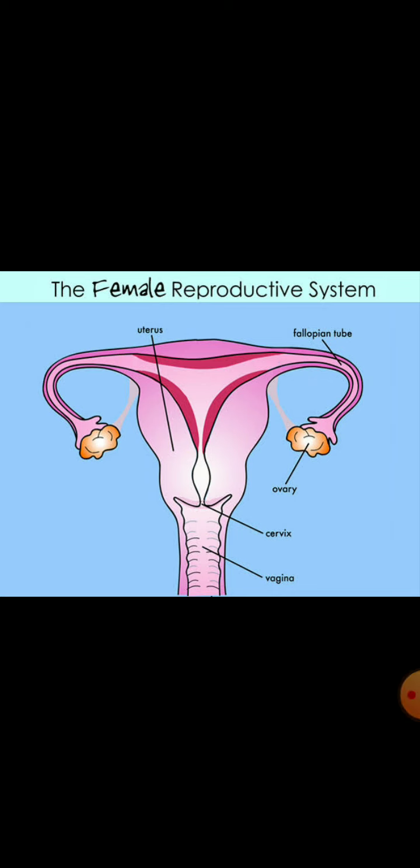As I said, every month one ovary produces one matured egg. You will be thinking, how long will it be alive? Then you need to note that one matured egg can be alive only for 24 hours, which means it can be alive for a day only.